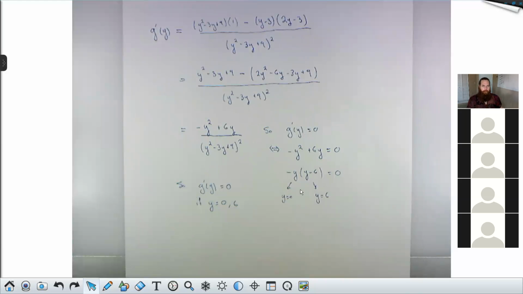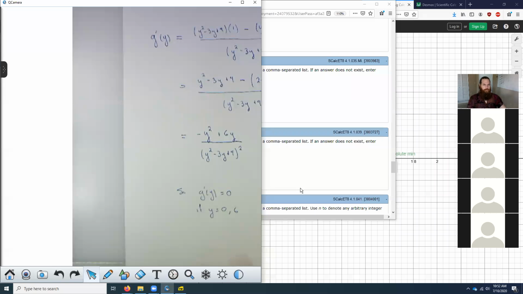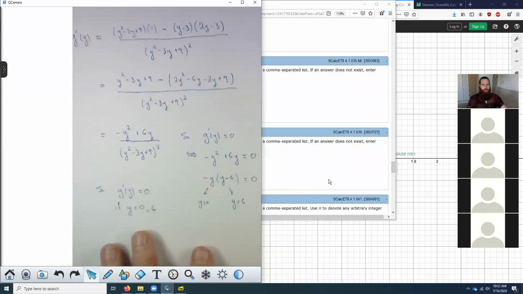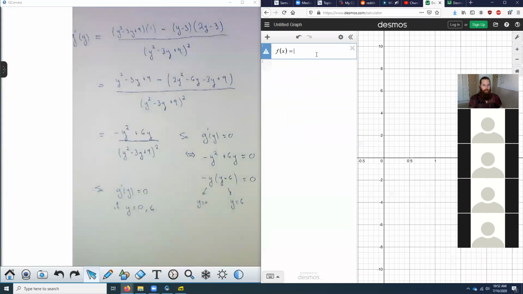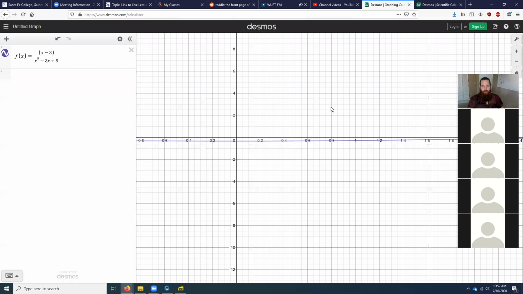We can look at the graph. I'm going to use the variable x here. See if we can get a decent picture of this.